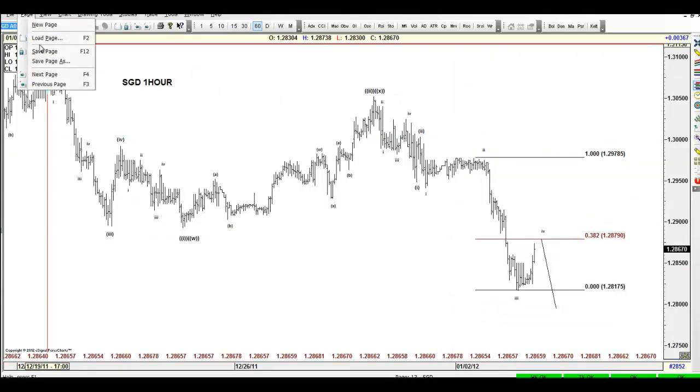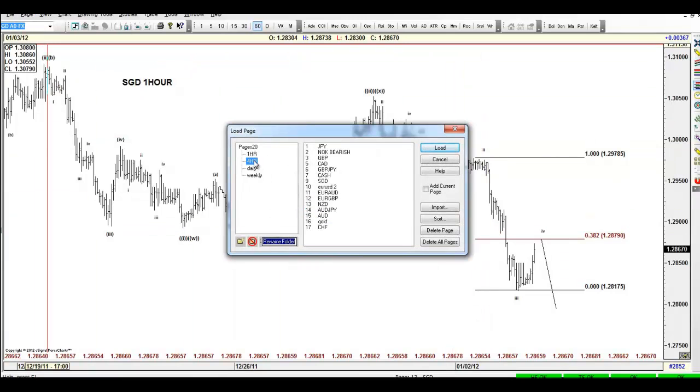In the 4-hour, the Singapore dollar, I recommend everyone to follow this pair together with the Norwegian krone.